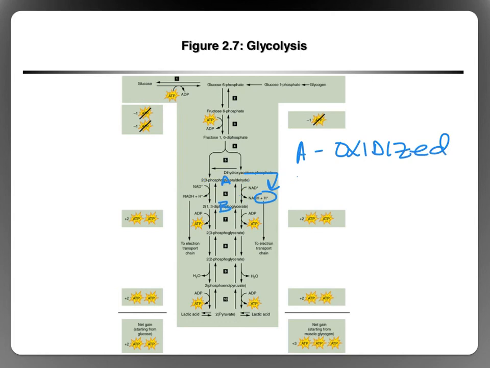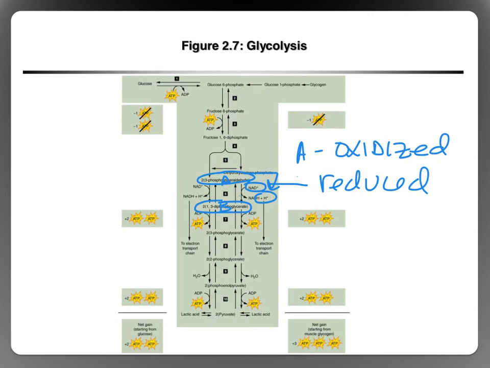Those hydrogens and electrons were picked up by NAD. So NAD becomes reduced. And what we end up with is substrate B. Okay. So substrate A was oxidized, NAD was reduced.